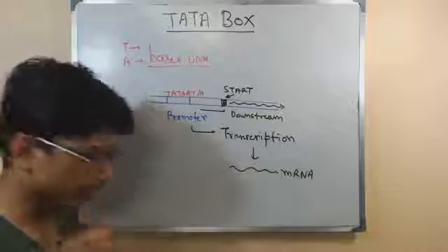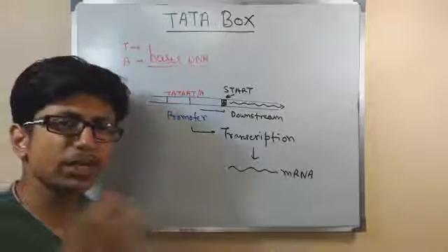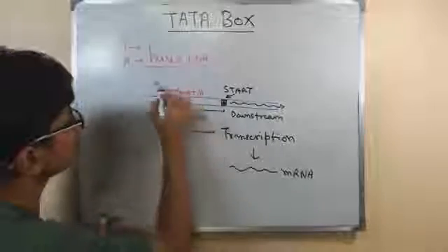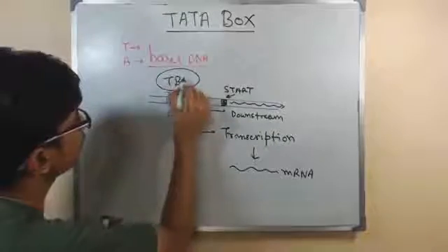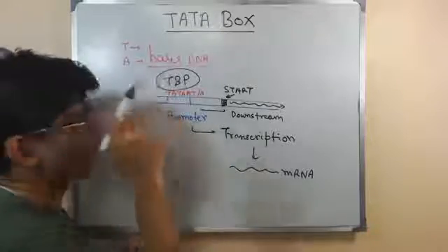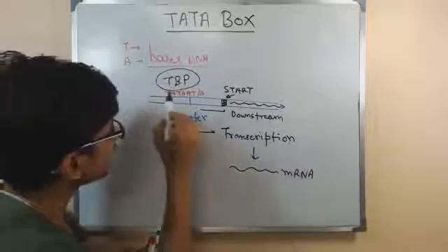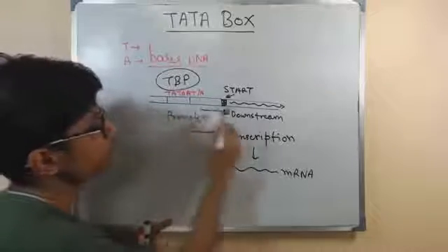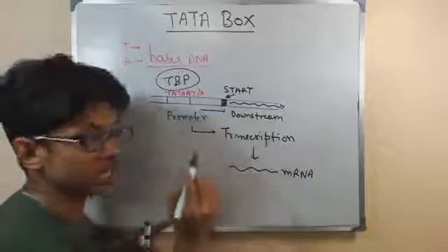Now this TATA box definitely has another very much interacting protein that is called TBP, or TATA binding protein. TBP, TATA binding protein, or TATA box binding protein. Now this TBP can interact with this TATA box, which is placed upstream of the actual start site.